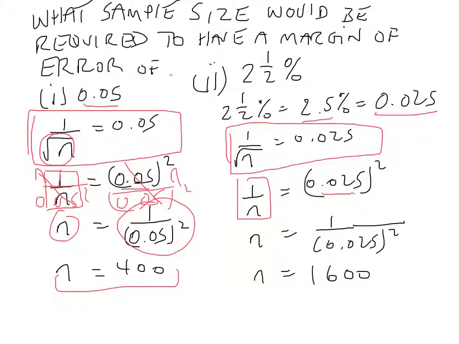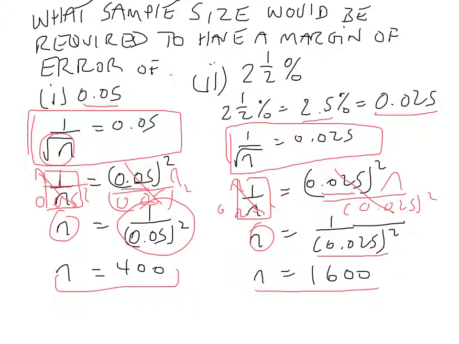So then we'll multiply both sides by n. They'll cancel, so we've 1 is equal to n times 0.025 squared. So now we'll divide both sides by 0.025 squared. They'll cancel, so we'll have in fact that n is equal to 1 over 0.025 squared. n is equal to 1600.